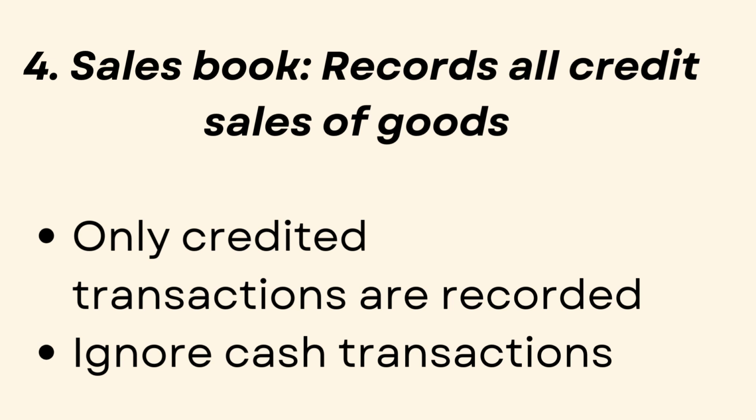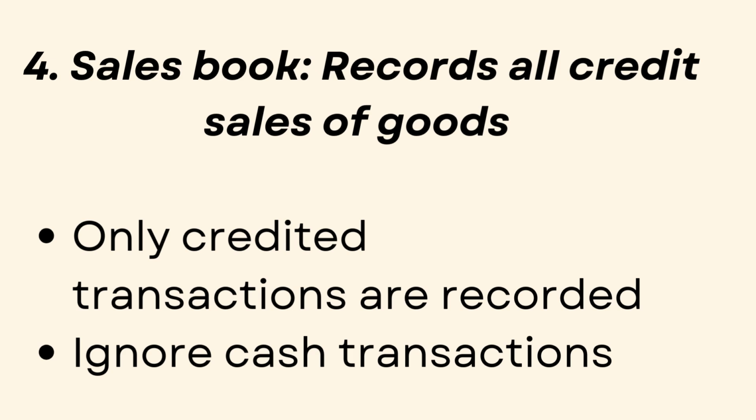He will write in his sales book that he has sold goods on credit basis to so and so person. How much is that credit, what is the total for different customers, everything he'll write in his own sales book. So that is called the sales book. Therefore, we record only credit transactions, and please ignore cash transactions.